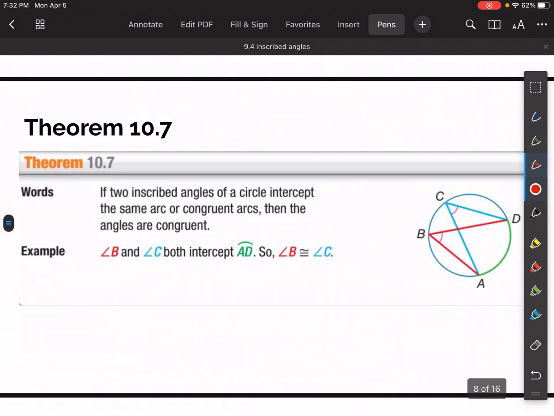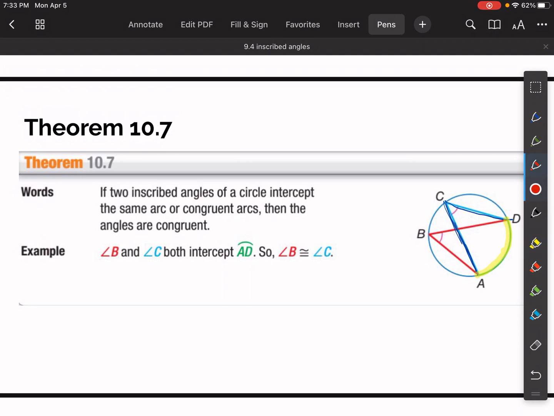Then theorem 10.7 tells us a little something else. Very similar, though. It says if two inscribed angles of a circle intercept the same arc or congruent arcs, then the angles are congruent. So basically what this is saying is, look, if you followed the blue lines, okay, if you followed C here, this blue angle here, it intercepts this arc AD, right?